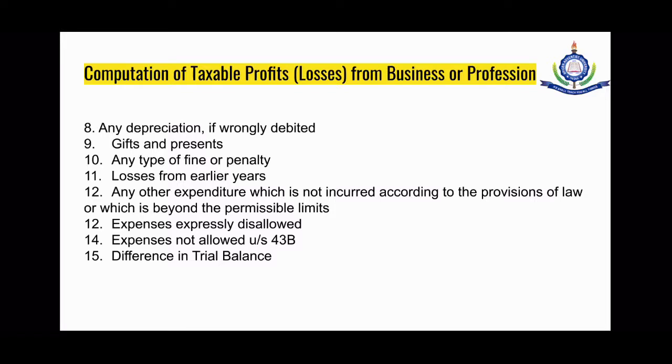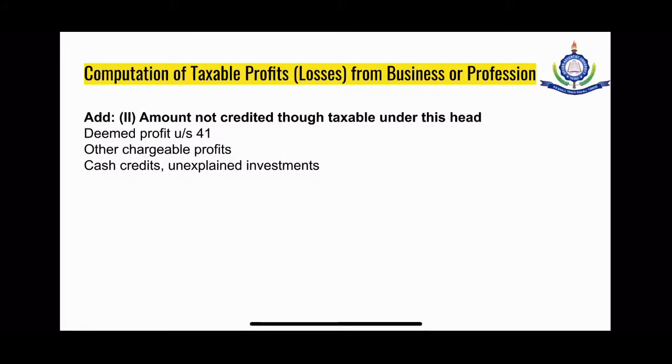So these are the items in the first section that you would find in the question in the profit and loss account. The next section is amount not credited though taxable under this head.